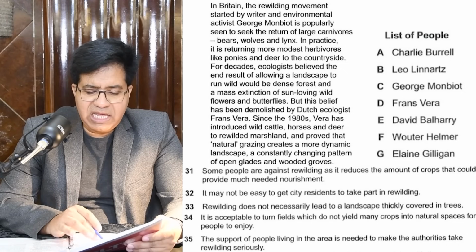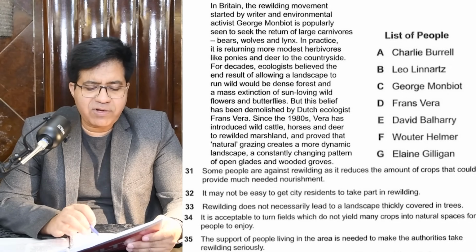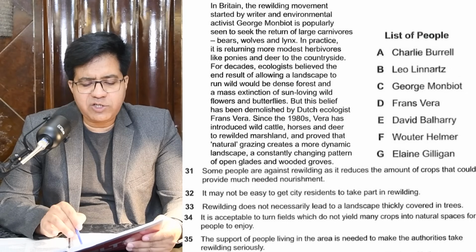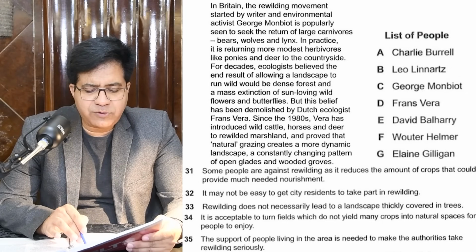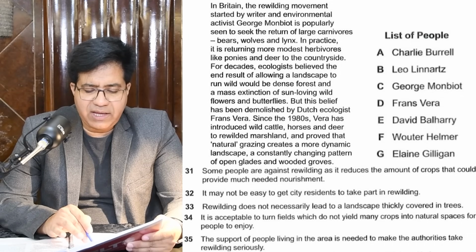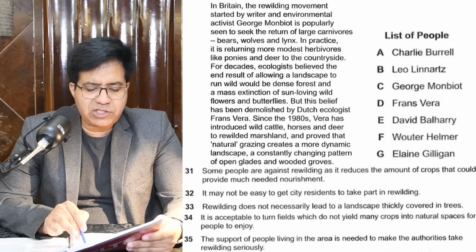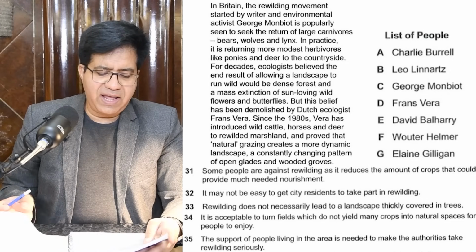But this belief has been demolished by Dutch ecologist Franz Vera. So what was the belief? For decades, ecologists believed the end result of allowing a landscape to run wild would be dense forest and a mass extinction of sun-loving wildflowers and butterflies. But this belief has been demolished by Dutch ecologist Franz Vera.